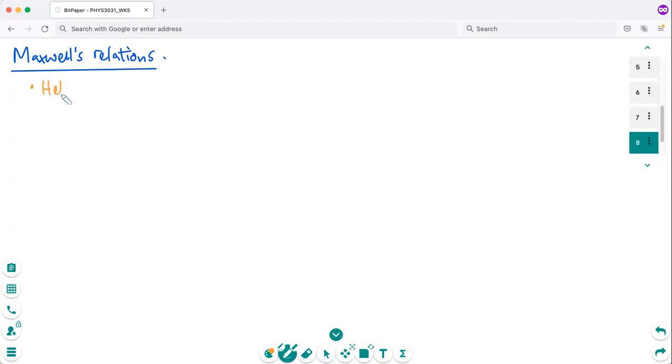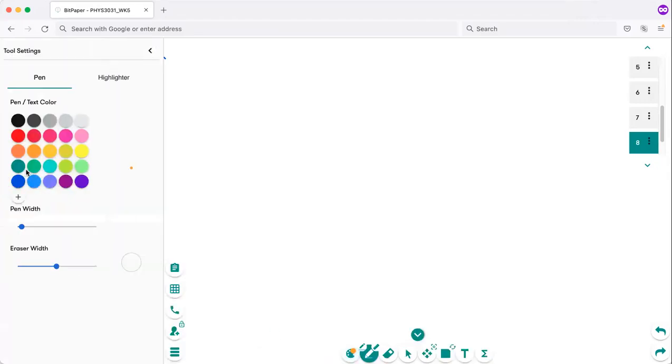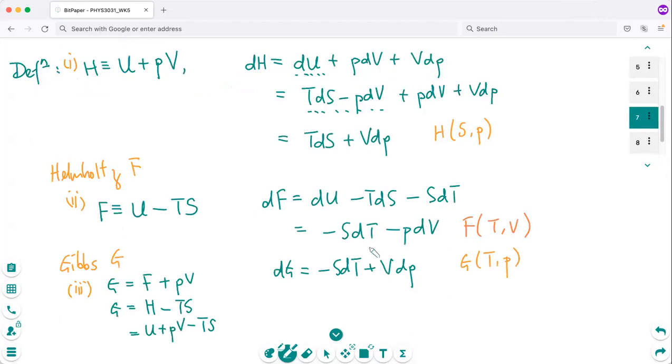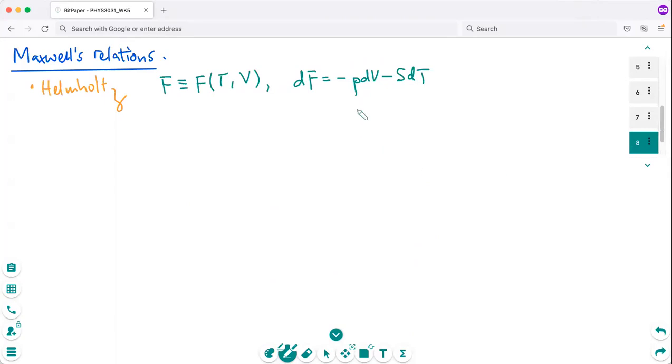So I'm going to take the Helmholtz result. What is the result from our derivation? Okay, I remember we want T and V as the natural variables. And I also know with our definition, we managed to get this result, minus PdV minus SdT. Okay, so this is here, minus PdV minus SdT, both are negative.